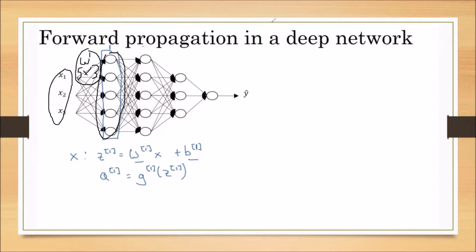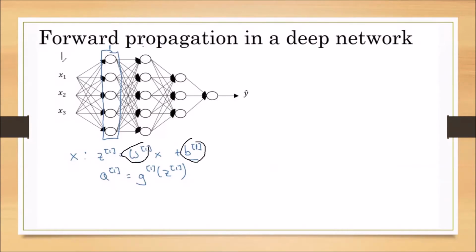So this W matrix size is 5 by 3, and what is this B? We take the example B superscript 1. If we draw 5 wires to all activation units in the first layer, then this B is a 5 by 1 matrix and W1 is a 5 by 3 matrix.